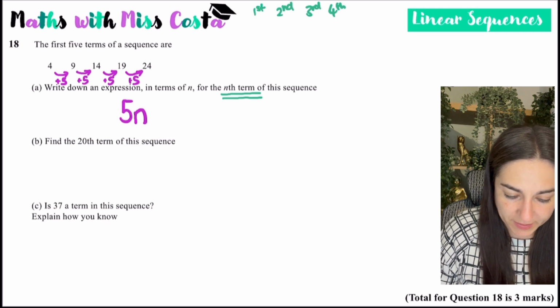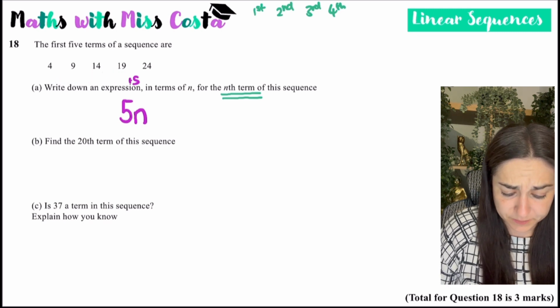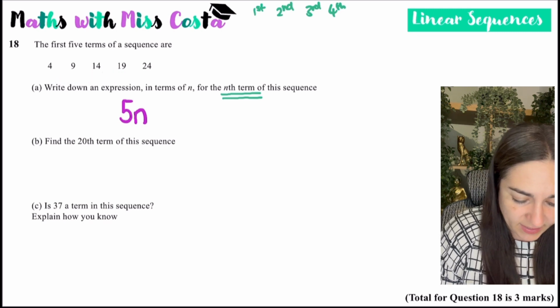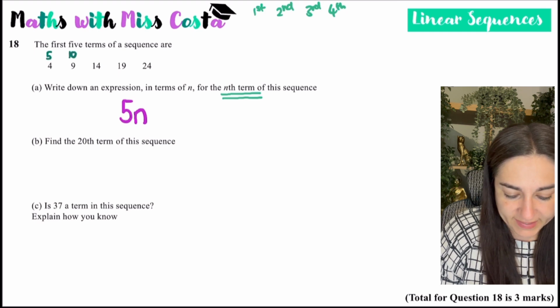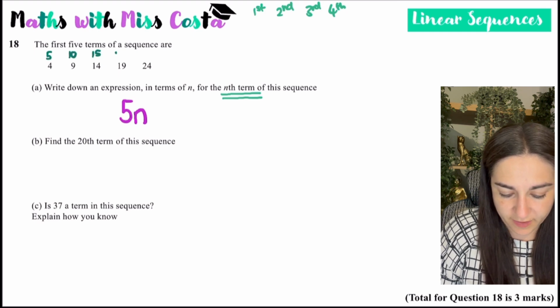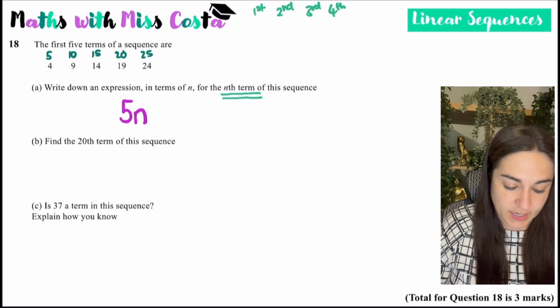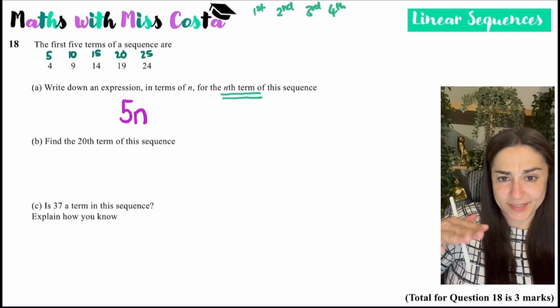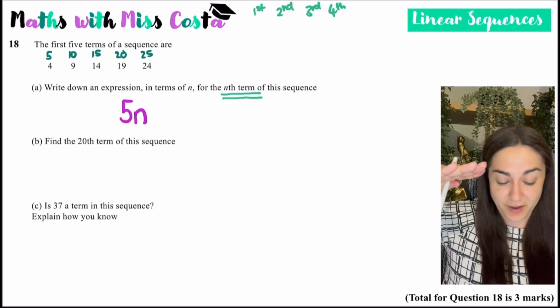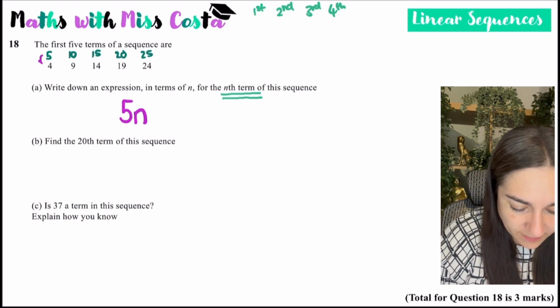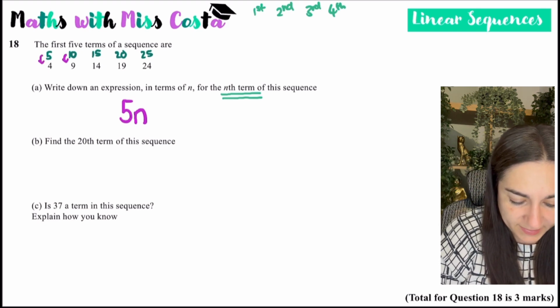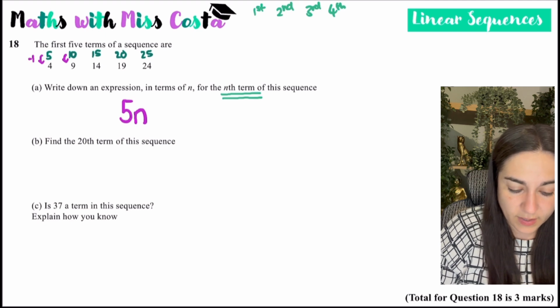So now we know it's going up in the 5 times tables, I can write the 5 times tables above it. And then I think to myself, it's the 5 times tables, but it's shifted. From the original 5 times tables, how do I get from 5 to 4? I take 1.